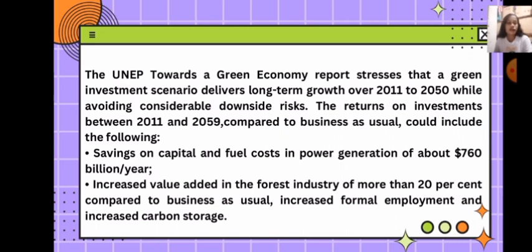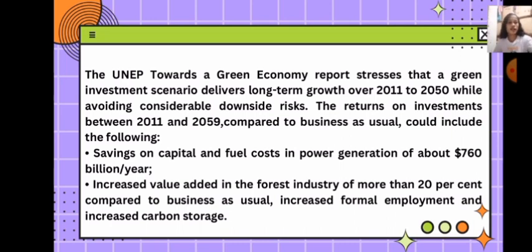Within that duration, from 2011 up to 2050, it should increase by 20% or more, so that the forest industry sector's share gives an increase in percent value added.